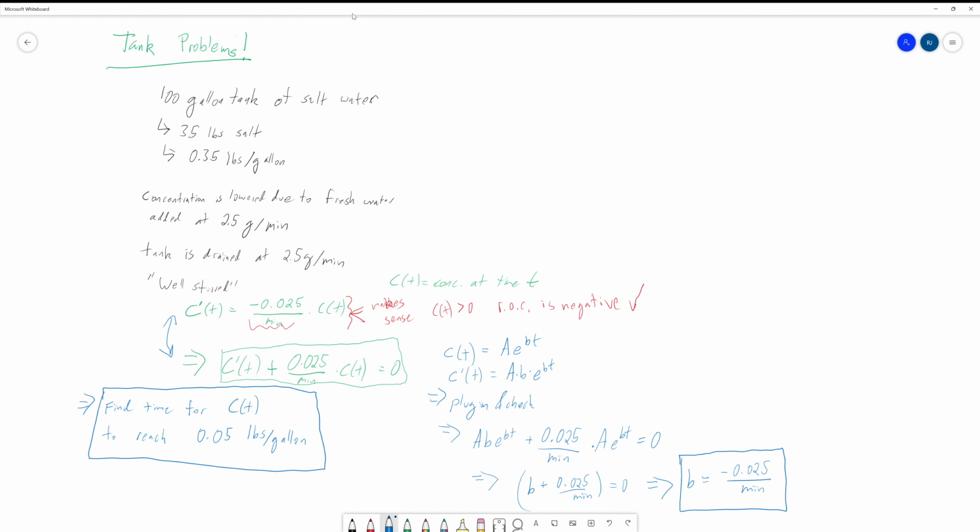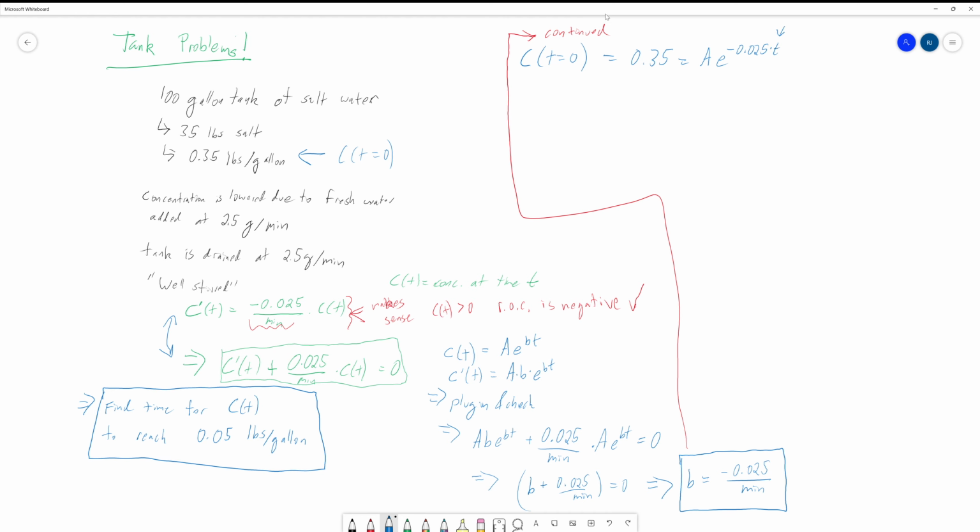And then A you can get from initial conditions. So let's go up here. So we'll just save space and start here. Continued. So we know that the concentration at time equals 0 is going to equal this. 0.35, which is going to equal A times e to the negative 0.025 times t.